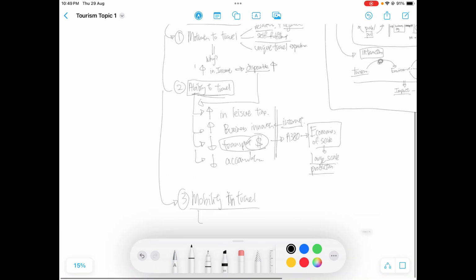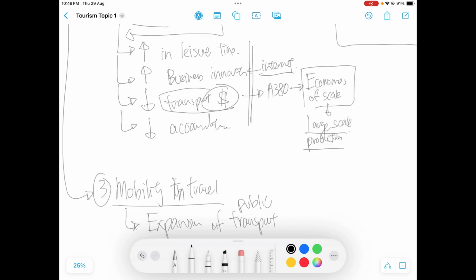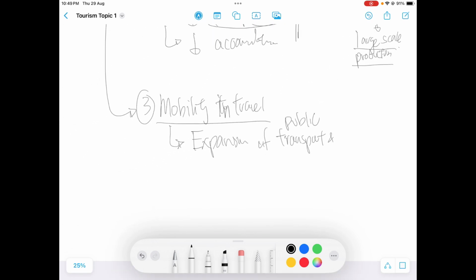Okay, firstly, it is due to the expansion of public transport services and infrastructure.